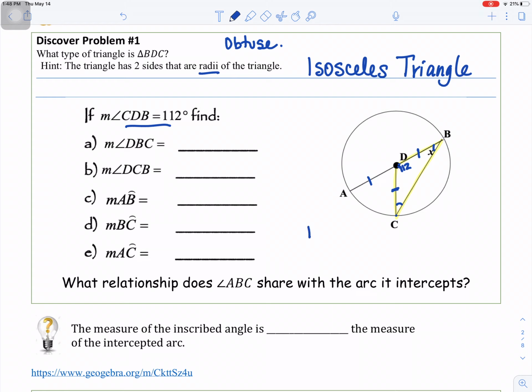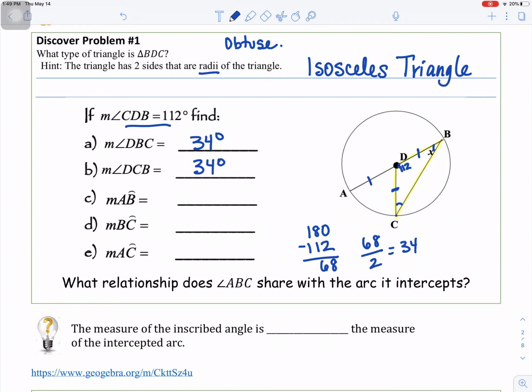So if we do 180 minus 112, take that answer and share it between angle B and angle C, we get 68. 68 divided by 2 is 34. They're each 34 degrees: angle DBC is 34 degrees, and DCB is 34 degrees.